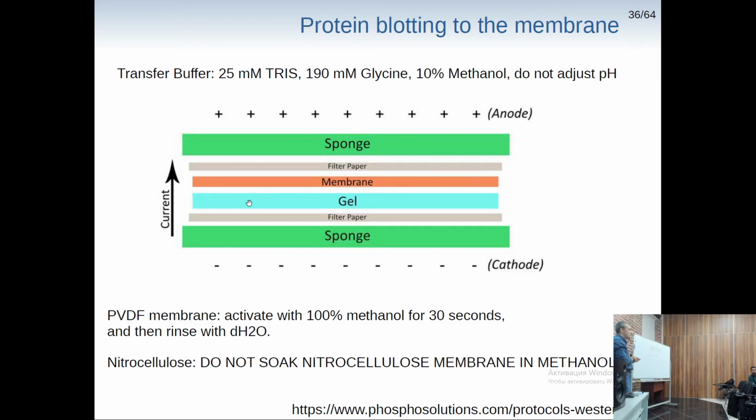Because immune detection uses antibodies. Yes, and maybe it's not connected. It is connected. Actually, first of all, antibodies often can penetrate inside the gel, right?